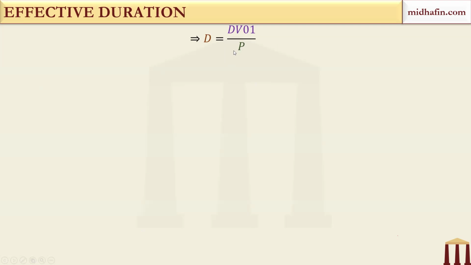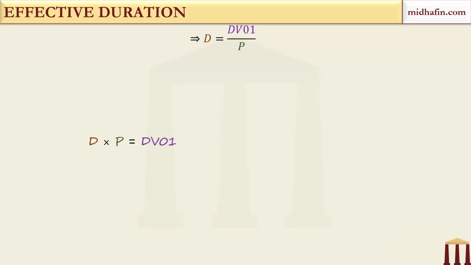Till this point, it's okay. This formula looks okay, DV01 by P: percentage change in the price of the bond if there is a 1% change in the rate. There it is basis point, here it is 1%. So that's the difference.